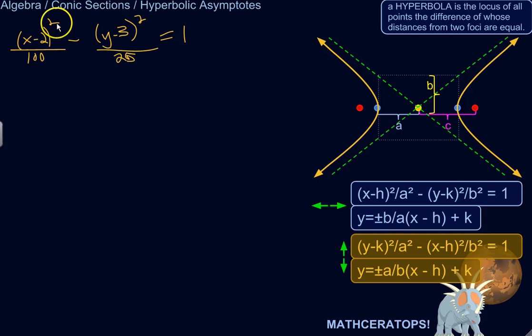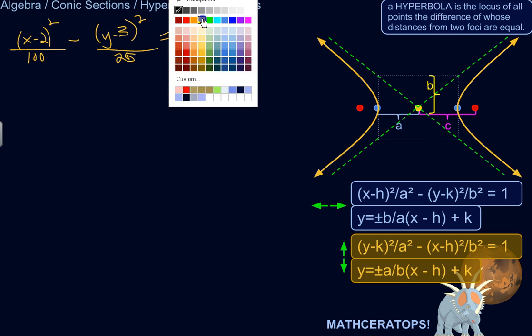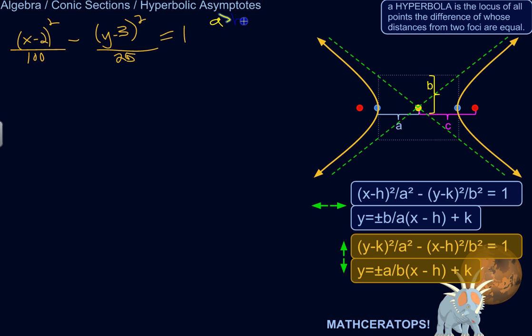All right, so let's practice. Here we've got an equation for a hyperbola. Let's practice writing the equations for the two asymptotes. First of all, a is by definition greater than b. So first look at these bottom numbers. The larger one will be a.